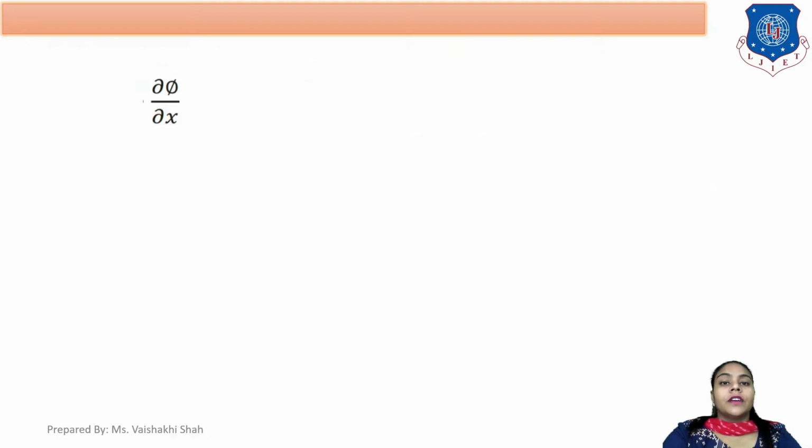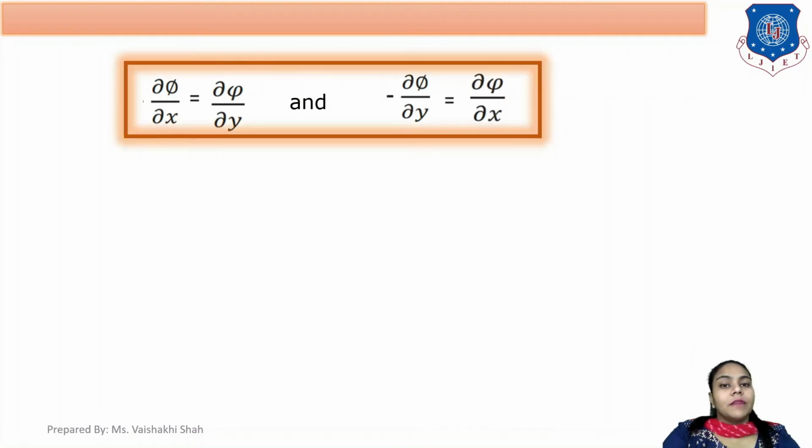So, here to find phi, we have to use the equation where del phi by del x can be written as del psi by del y. Here we are comparing the values of u, and minus del phi by del y equals del psi by del x. We already studied this equation.